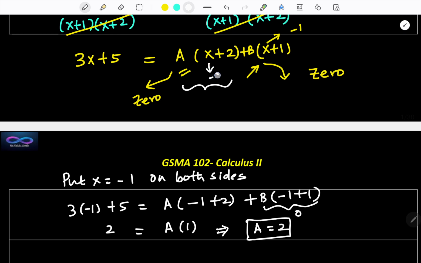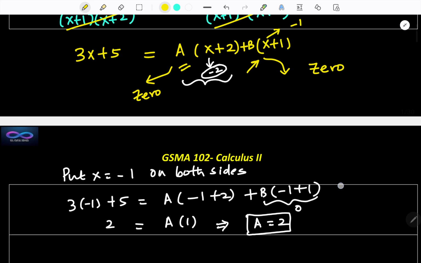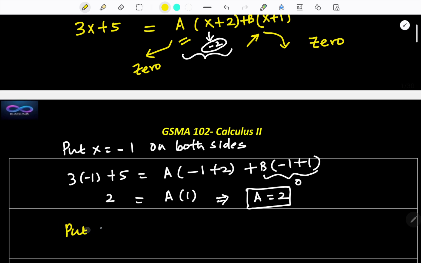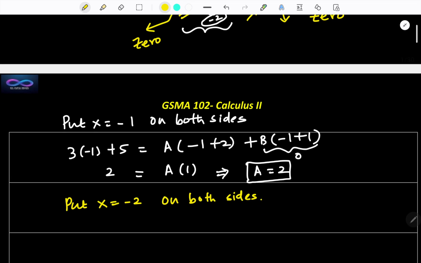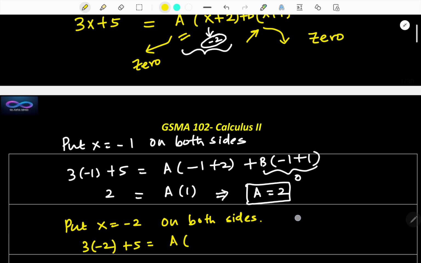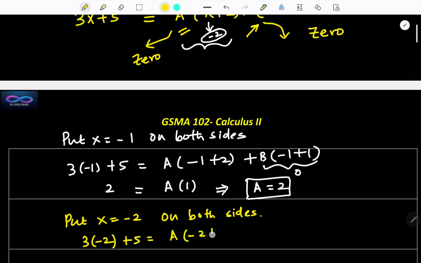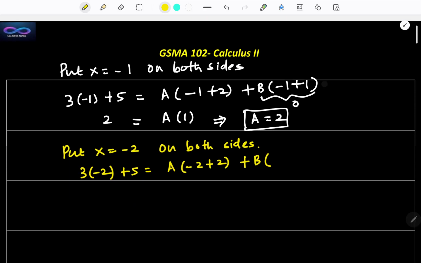Now I want to cancel a in such a way that I get b. So what should I choose? Put x equal to minus 2. I put x equal to minus 2 on both sides of the equation. So 3 times minus 2 plus 5 is equal to a times (minus 2 plus 2) plus b times (minus 2 plus 1).